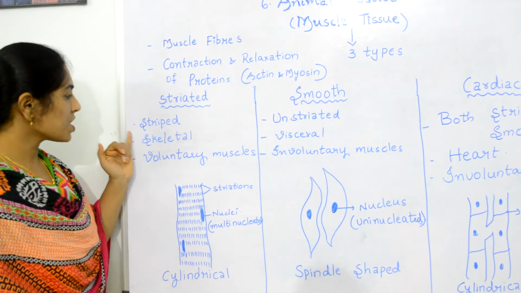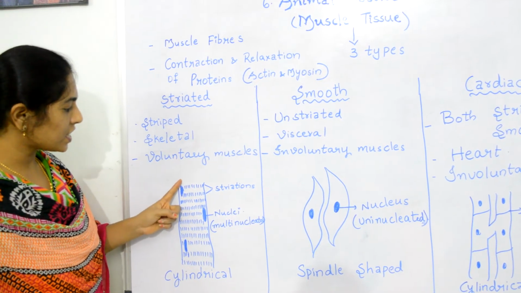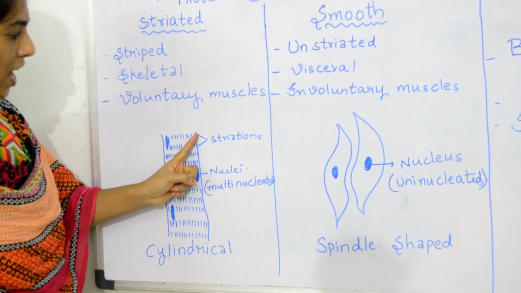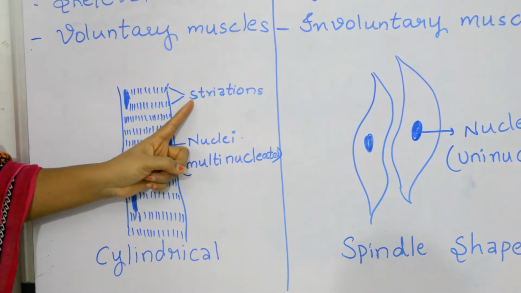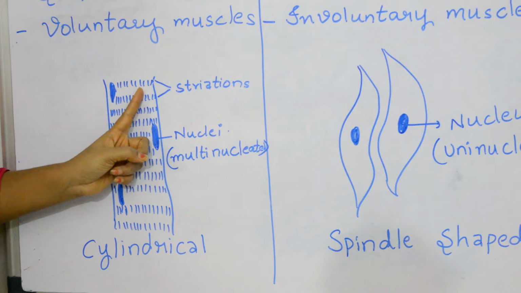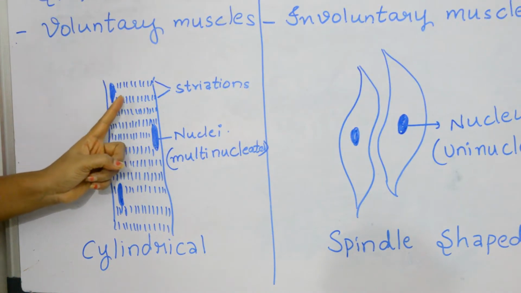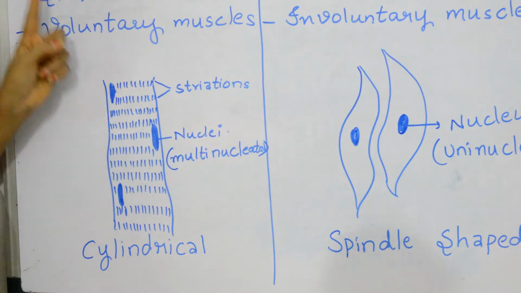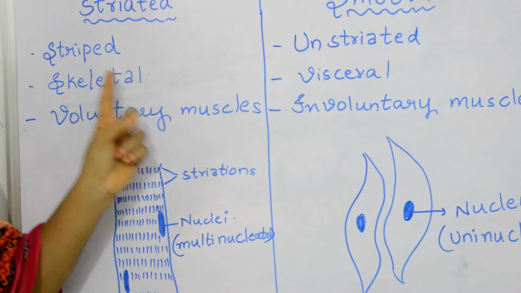It is because if you see the structure of this muscle cell, you can find the striations, the stripes. It shows dark bands and light bands. Because of these light and dark bands, we call striated muscles striped muscles.